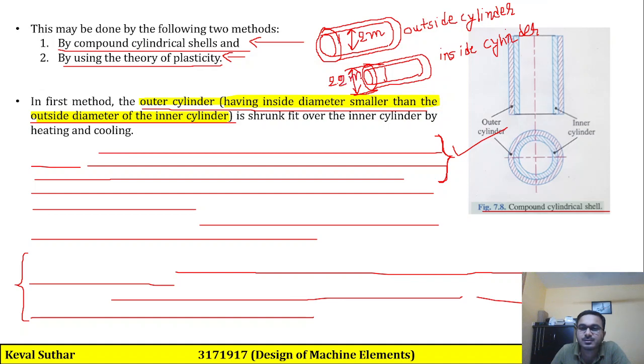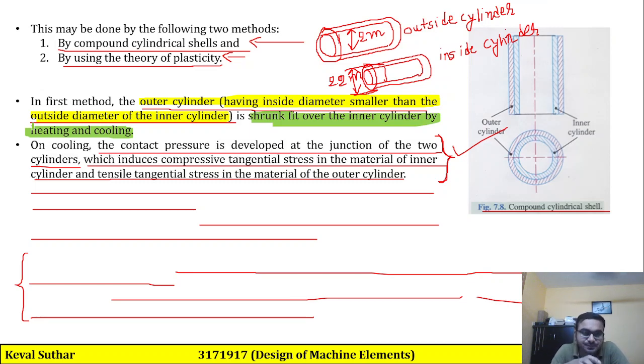So in natural circumstances it is not possible to fit this inside cylinder into the outside cylinder to make a compound cylinder. That is obvious. So how is it done? It is done by shrink fitting over the inner cylinder by heating or cooling. So by the heating and cooling process, we can make this cylinder fit inside the outside cylinder.